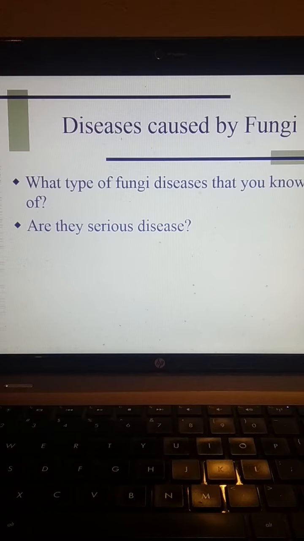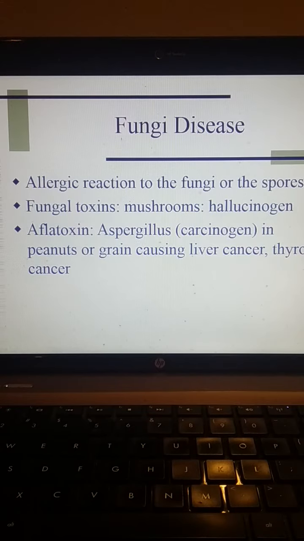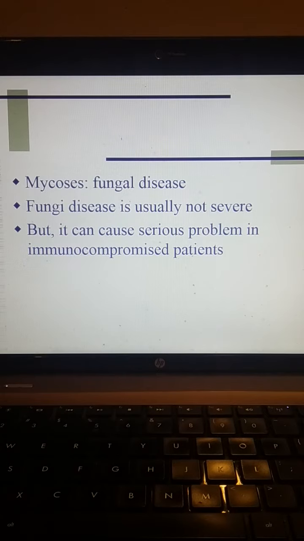In the disease caused by the fungi, of course you need to know at least one disease in very detailed fashion. You need to know the name of the fungal disease, the microorganism, and the symptom.